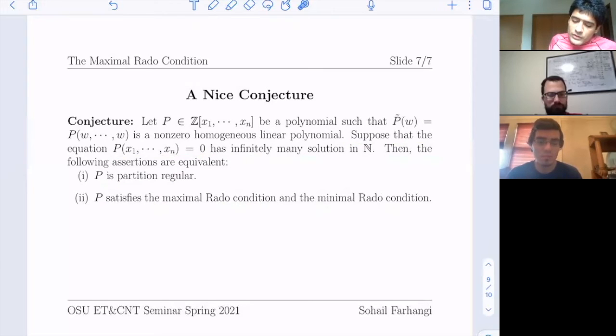So to even try to check the minimal Rado condition, they would have to assume that P tilde splits as a product of linear factors. But we can see here, they're making an even stronger assumption. They're assuming that it's homogeneous and that it simply is a linear polynomial, not that it splits as a product of linear factors.